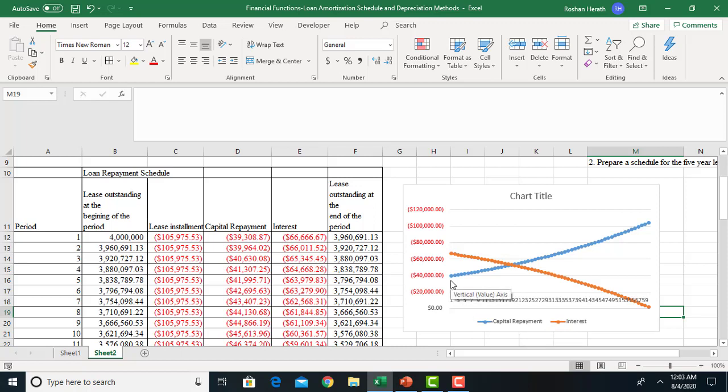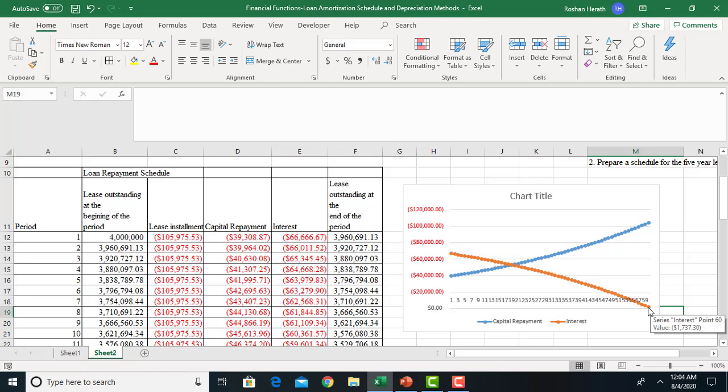So you can see that the capital repayment starts with the lower number, exactly 39,310, then that gradually increases. At the final point, it is 104,238. Whereas the interest starts with a higher number, then that gradually decreases, and towards the end it has a comparatively lesser value.